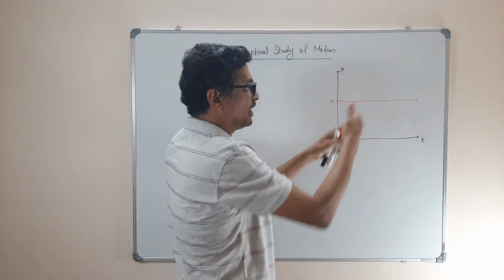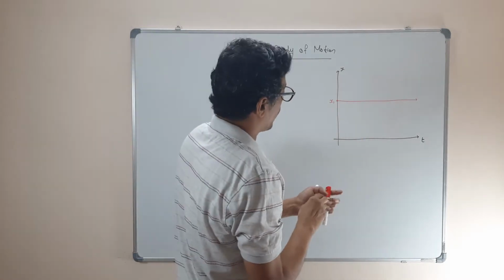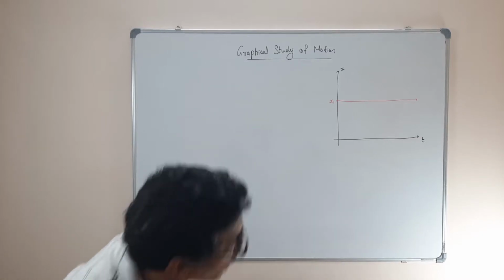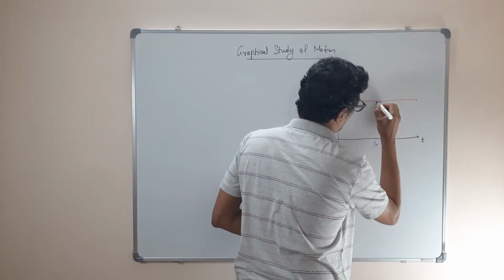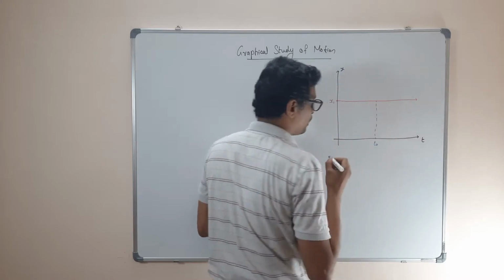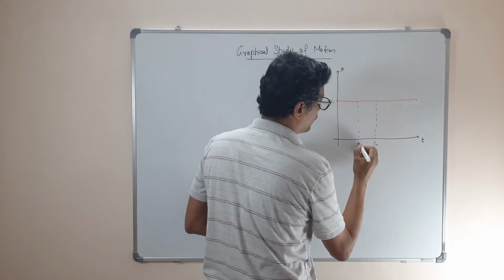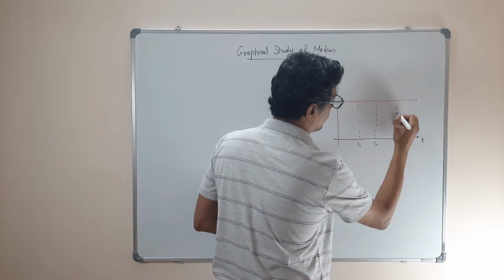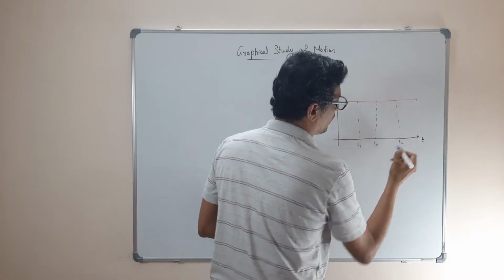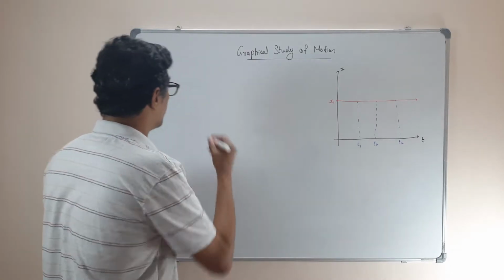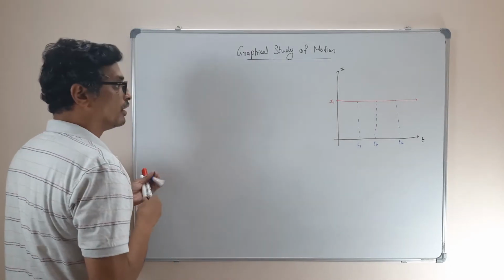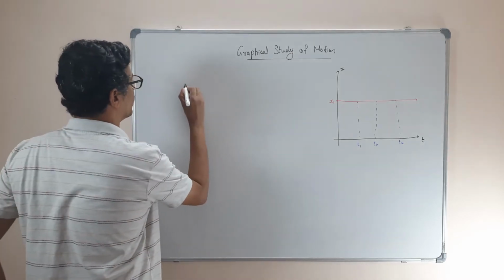So what will be the instantaneous velocity at a certain time, say some t0? And what is the average velocity between t1 and t2? You remember the average velocity formula?